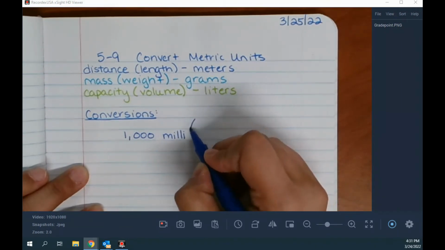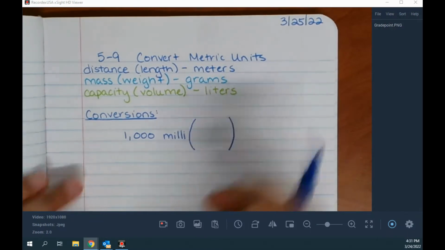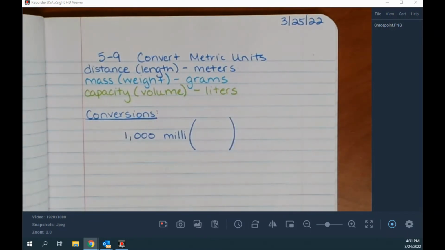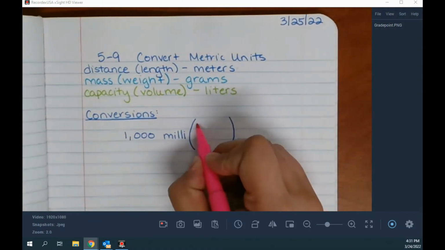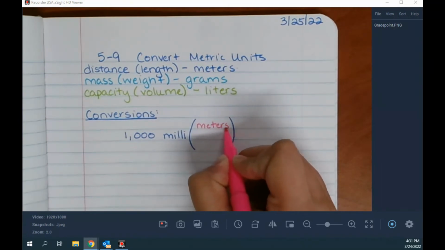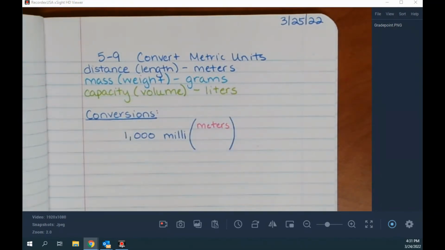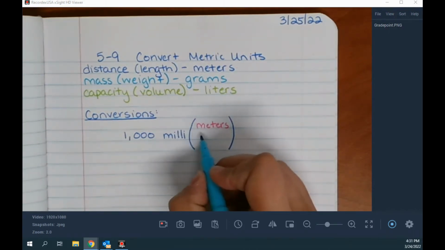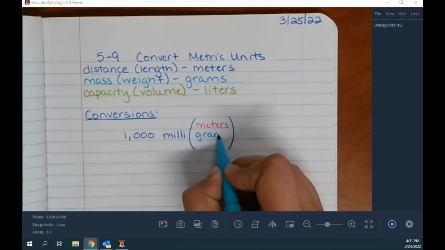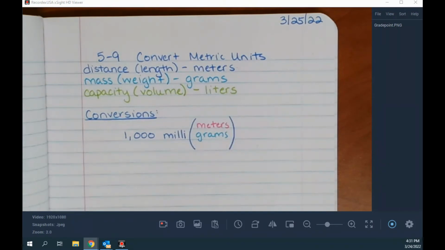Now, I might be talking about 1,000 millimeters if we're talking about distance. If we're talking about mass or weight, I might be talking about 1,000 milligrams. Or if we're talking about capacity or volume, then I'm going to be talking about milliliters.